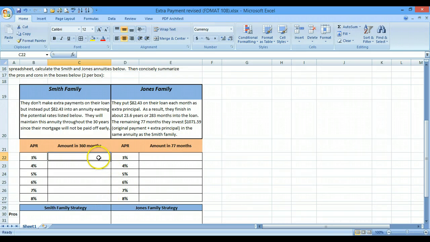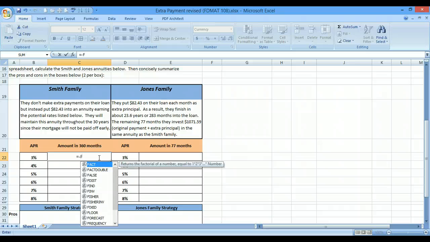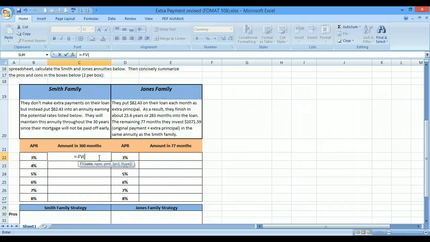So to fill this in for your project, we can do equals. Now remember, this is an investment and future value calculates negatively, so we want to put a negative in front of it because this is an investment. So it's a positive number to us. The rate, we are going to cell reference, and remember this is monthly.